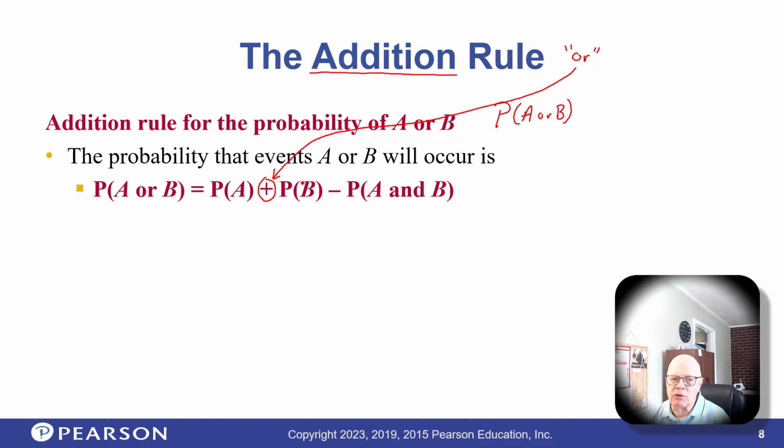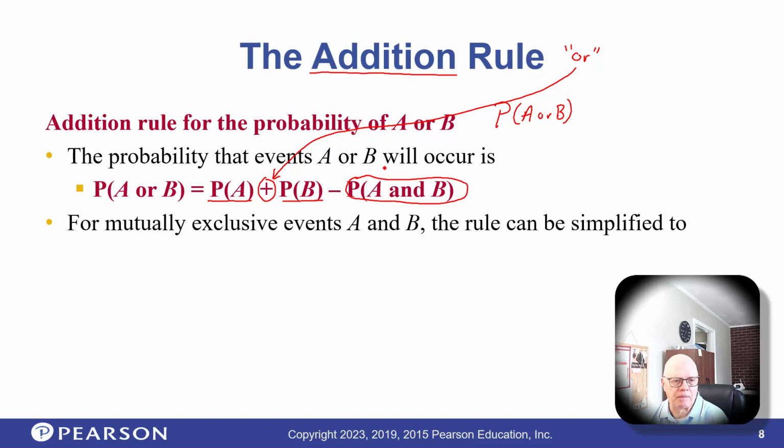If they're not mutually exclusive, that means when you talked about event A, you're talking about something that also could be true for event B. So you'd be adding those twice when you calculate your probability. So what you have to do is, if some part of your event matches with some part of another event, you're going to have to subtract what can happen in both events.